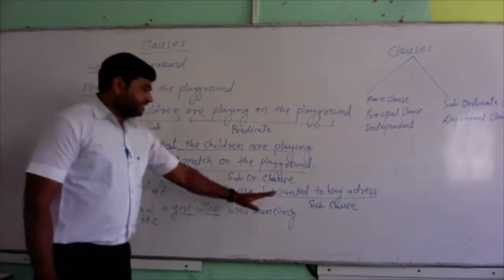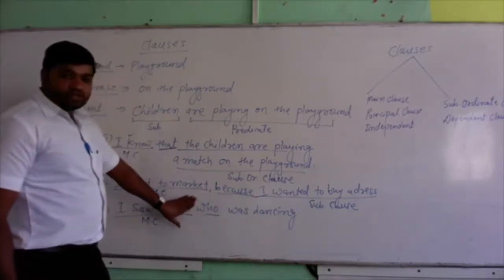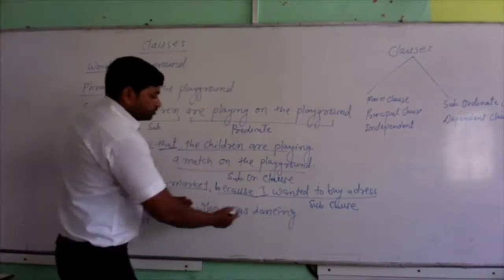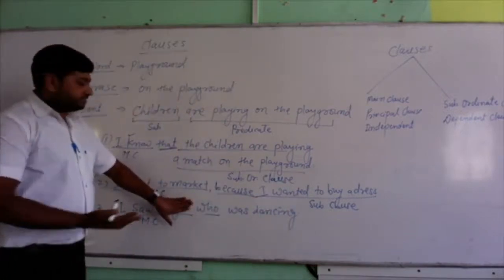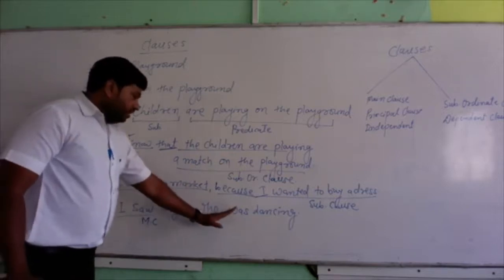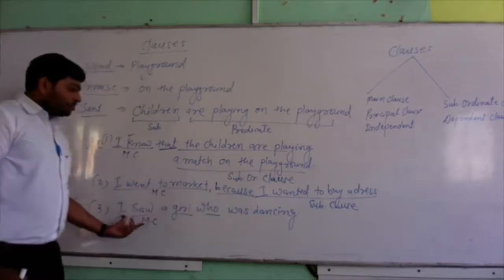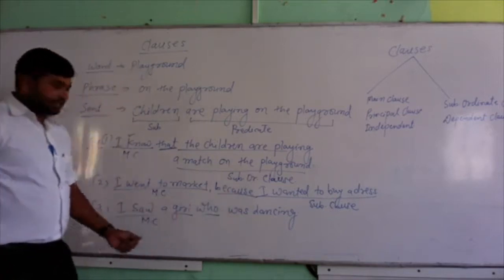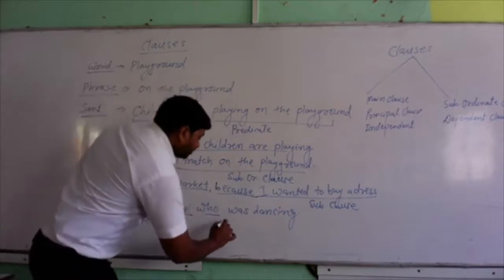Who was dancing? It's not an interrogative sentence, you will not stop there. That's why, who was dancing? The sentence is incomplete, its sense is incomplete. It requires the help of the main clause to complete its sense. So who was dancing is incomplete, which means it's a subordinate clause.